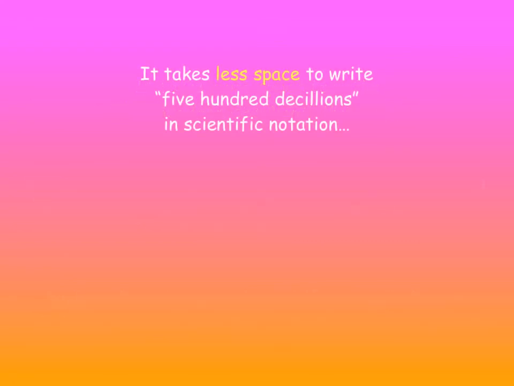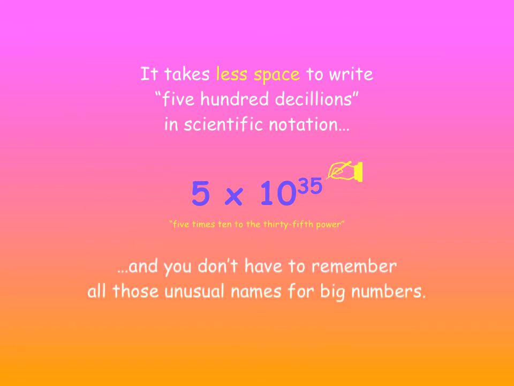But it takes less space to write 500 decillions in scientific notation. 5 times 10 to the 35th power. And you don't have to remember all those unusual names for big numbers.